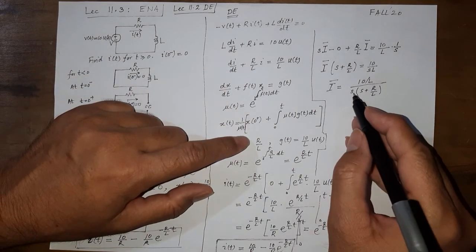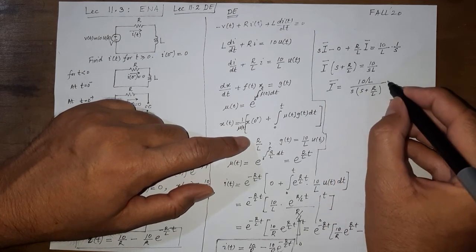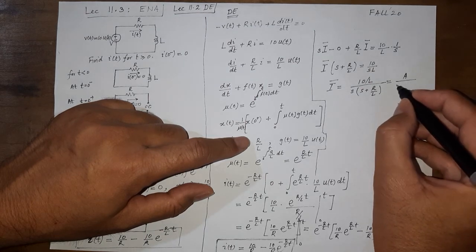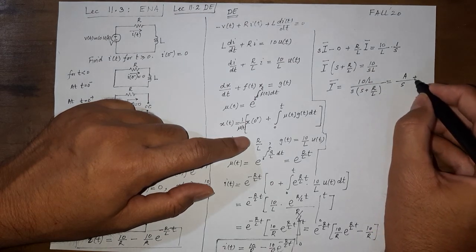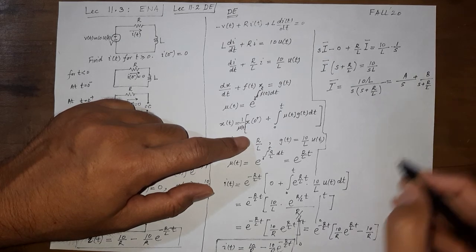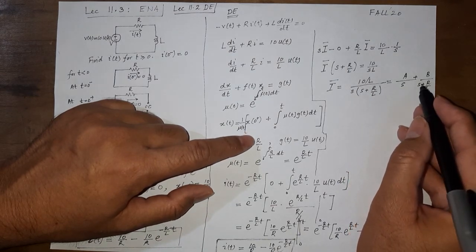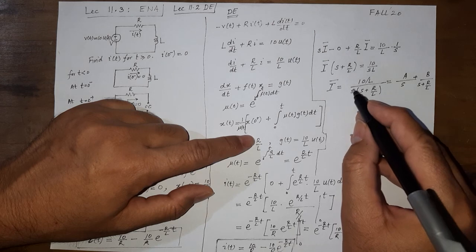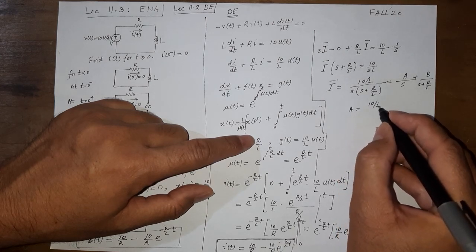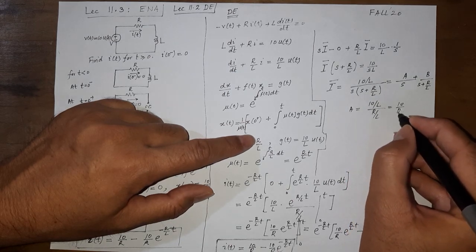So once again we need partial fractions here, and we are going to write this as some A over s plus some B over s plus r over L. So you multiply throughout by s and then put s is equal to 0. The s will cancel out here, and A will be equal to 10 over L, and s is 0, so r over L, we get 10 over r.